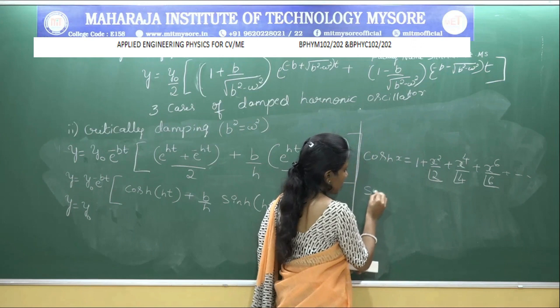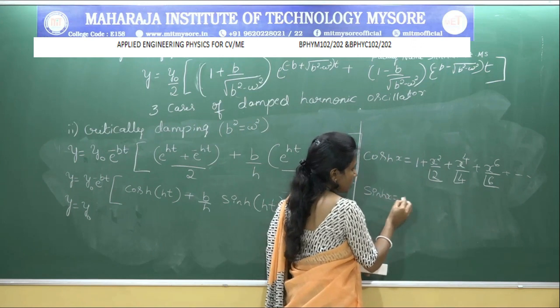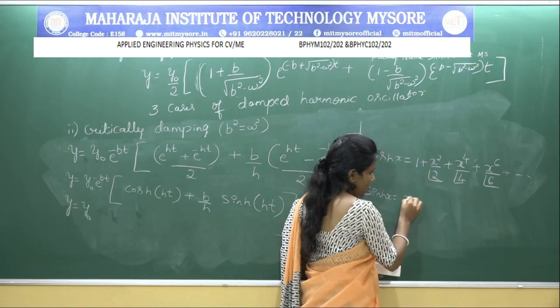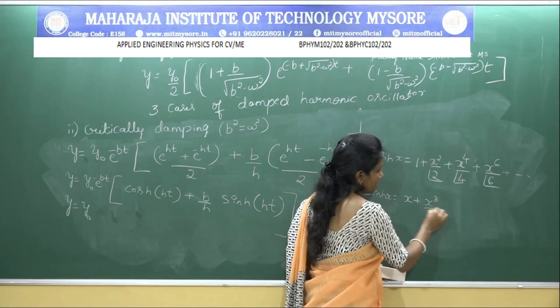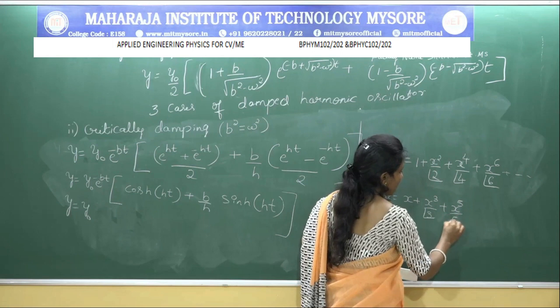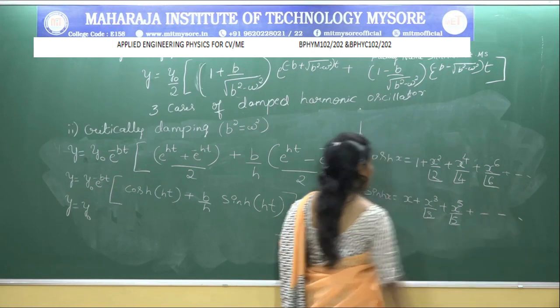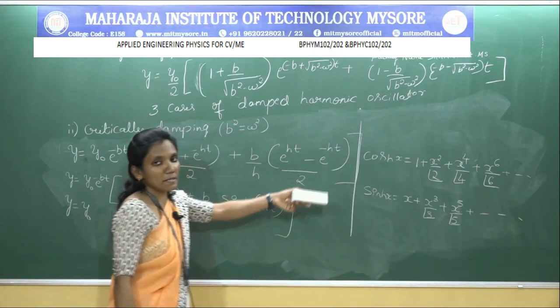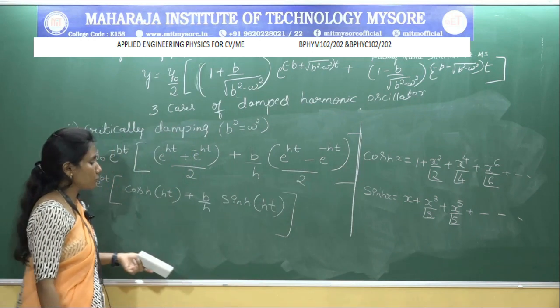Similarly, sine hyperbolic x is equal to x plus x to the power of 3 by 3 factorial plus x to the power of 5 by 5 factorial. So this is the expansion of cos and sine hyperbolic.